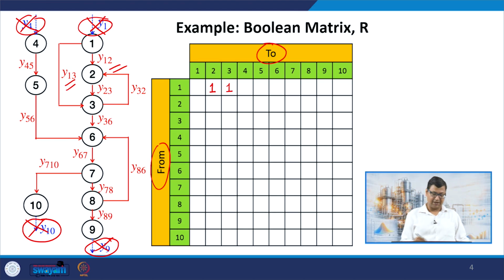From 2, I can go to 3 in one step. From 3, I can either go to 2 or I can go to 6.